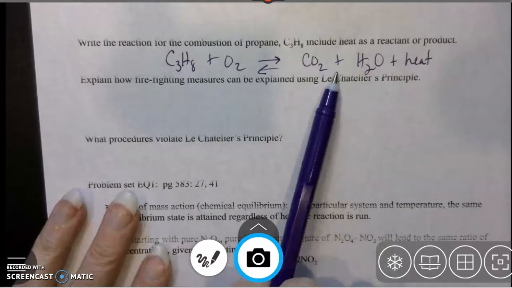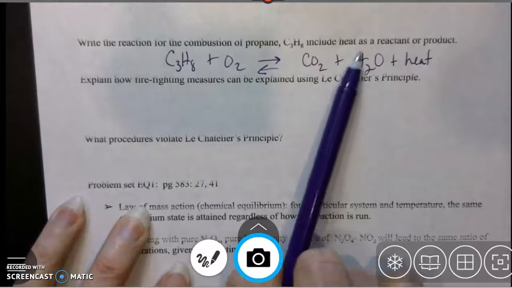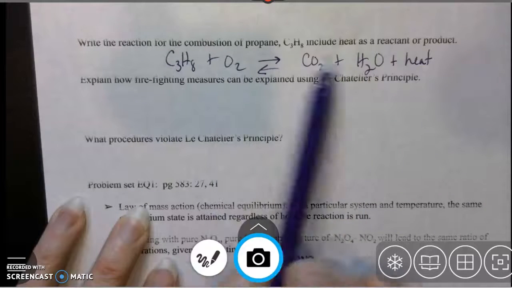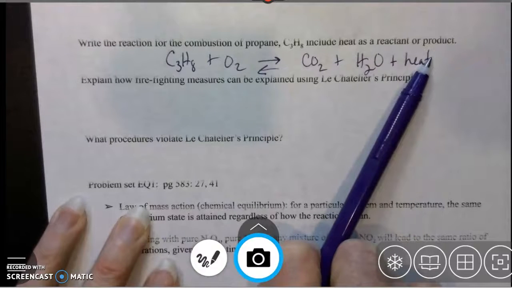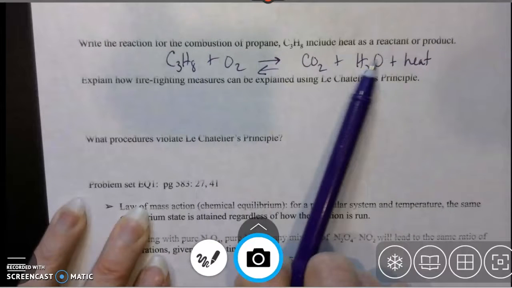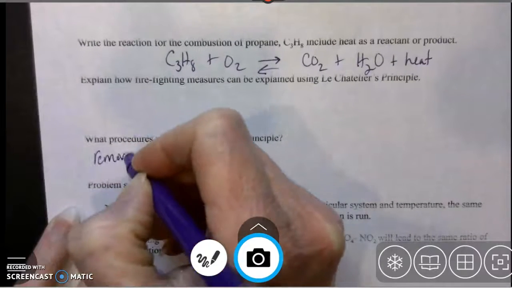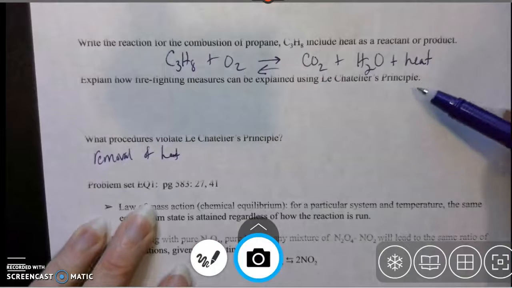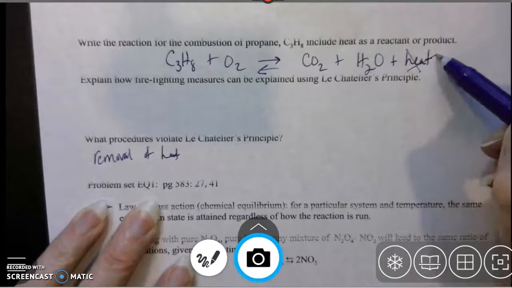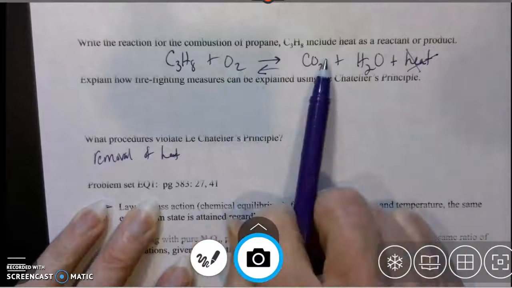When we add water to it, water does 2 things. It adds more of this, so again shifts that there, but it also takes the heat away. So the removal of heat does violate that. By eliminating the heat, that should shift it actually to making more product.